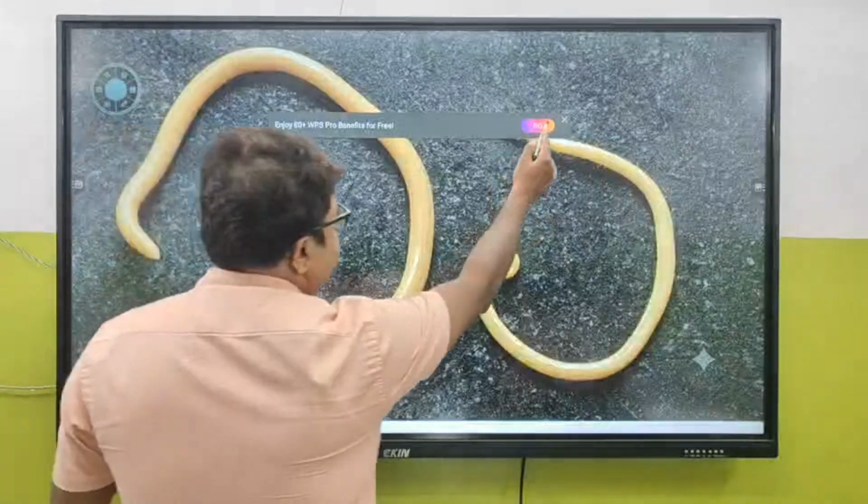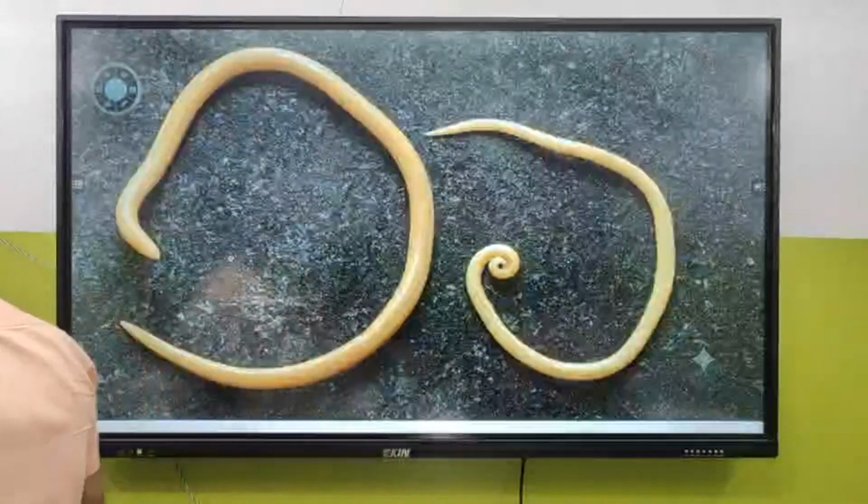What is it? Which one is male? Which one is female?